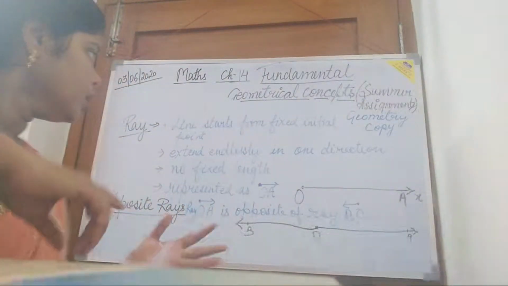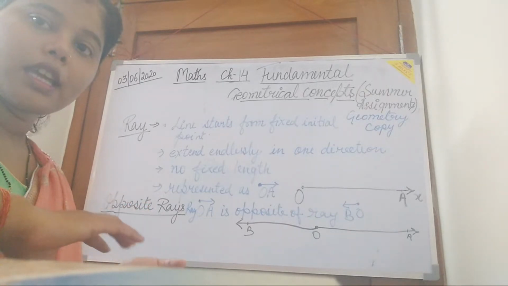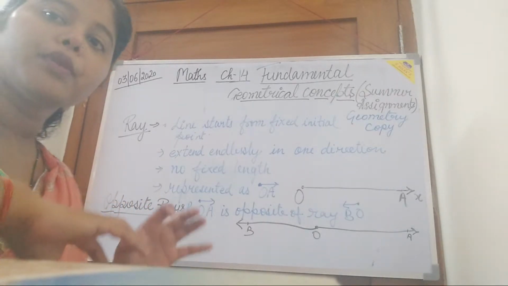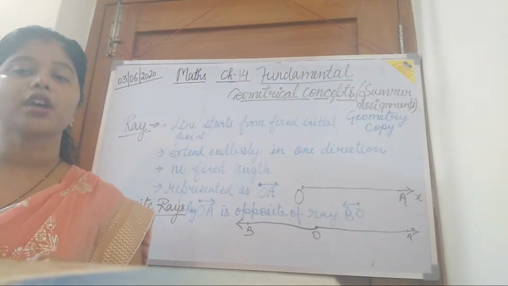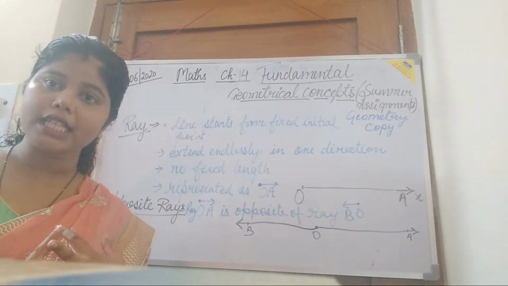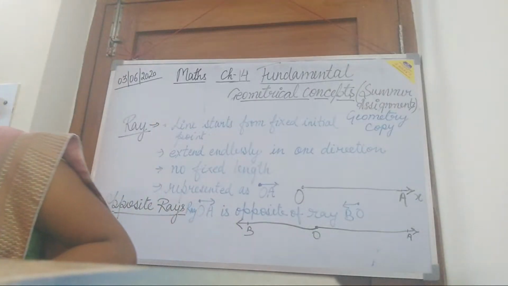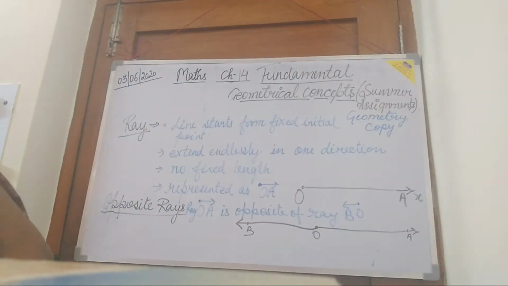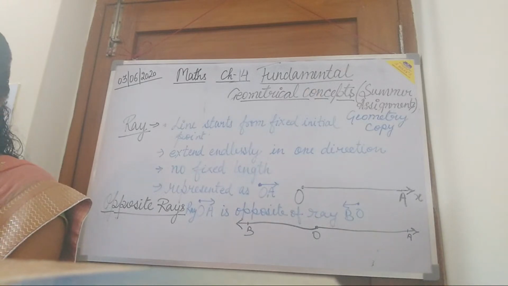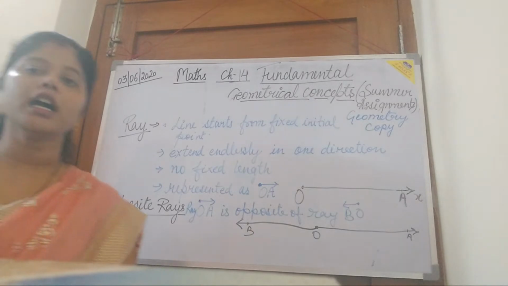First of all, what is a point? It is a dot used to mark position and it is dimensionless. It means it has no length, no breadth, no height. It has no thickness also, and it is denoted by a capital letter.